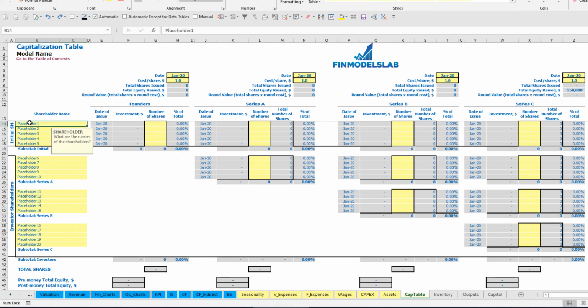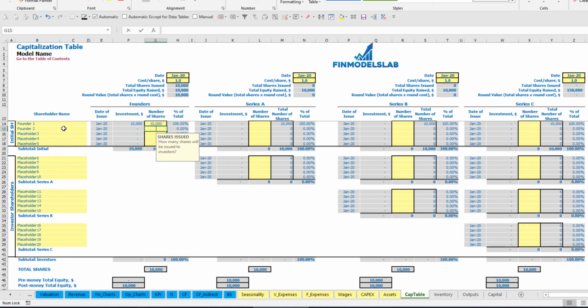Let's pretend that we have 2 founders, founder 1, founder 2. So total amount of shares for founder 1 can be 10,000, for founder number 2 20,000.